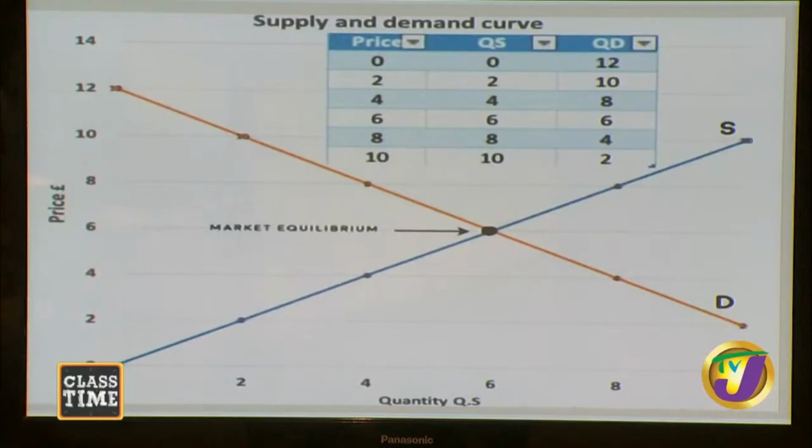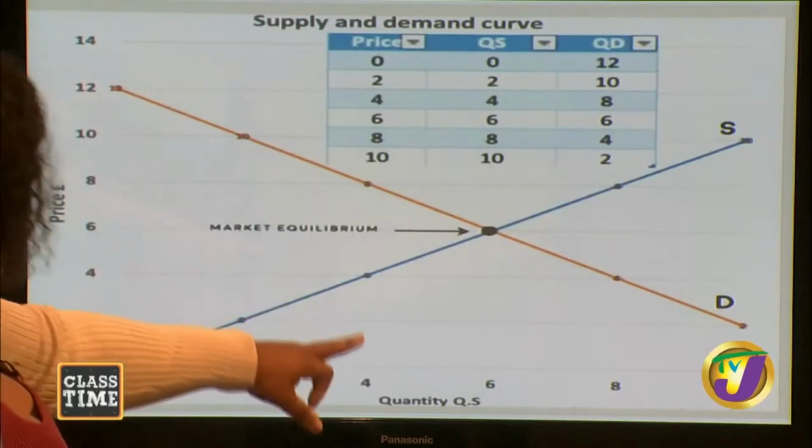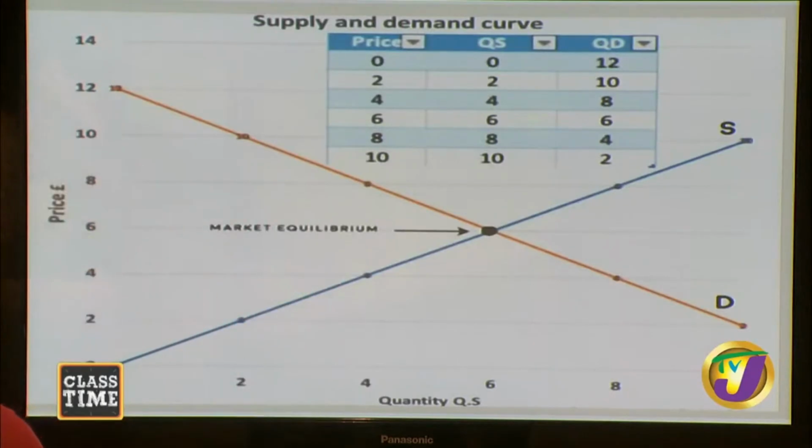The most suitable point would have been where the price is $6 and 6 kilograms of tomatoes would have been sold. So the best price at this point would have been $6 per kilogram.